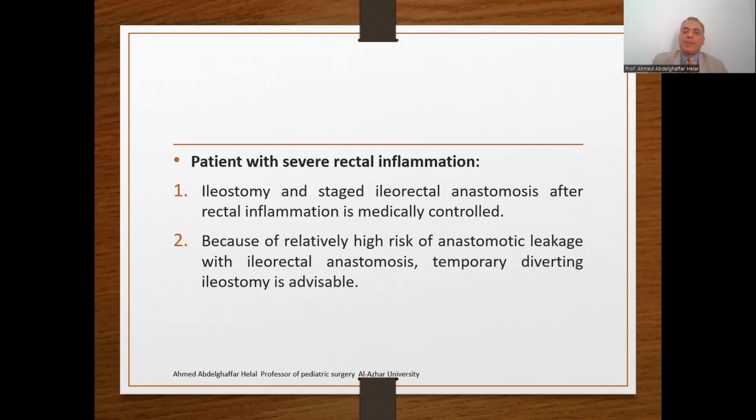So in severe Crohn's with severe rectal inflammation, some pediatric surgeons recommend diversion ileostomy, and the child will receive medical treatment for the rectal inflammation. After the treatment, you can re-anastomose the ileum to the rectum. However, for fear of complications, you may need to perform a temporary diverting ileostomy.